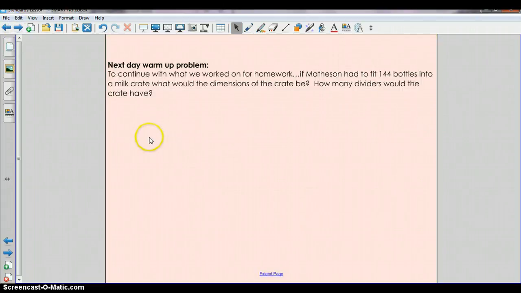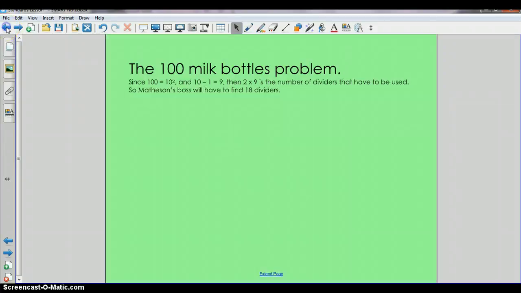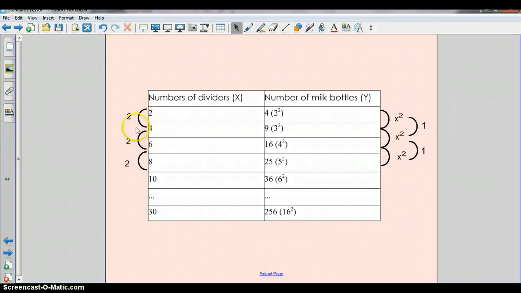So then, that brings us to our next day warm-up problem, which is a continuation of the lesson. We're really trying to stress the importance of number patterns and how these patterns will lead us to one specific equation based on the pattern.